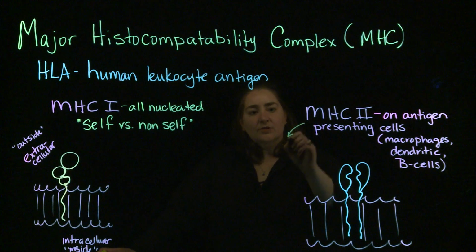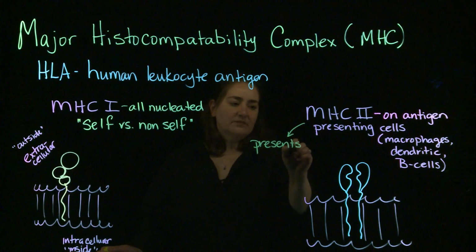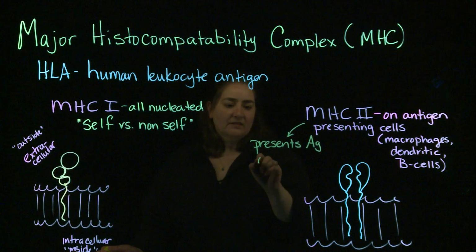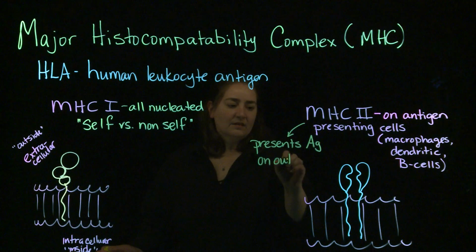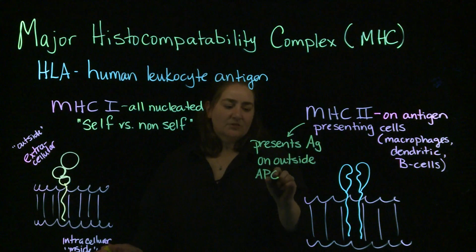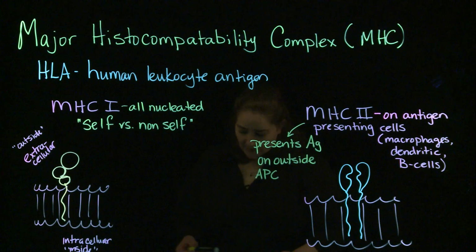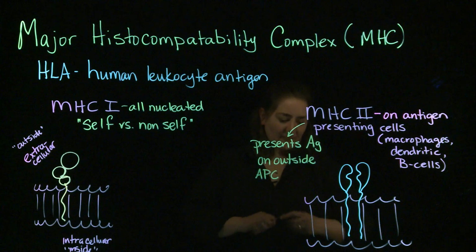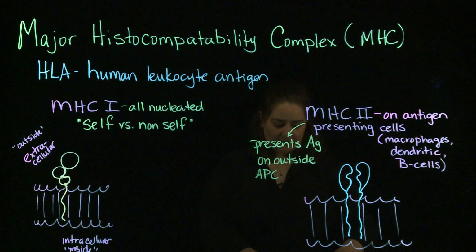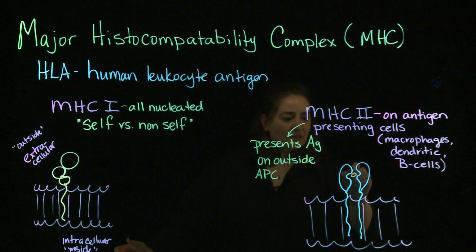MHC2 presents antigen on the outside of our antigen-presenting cells. Essentially what happens, what color haven't I used here? Orange. This is our antigen.